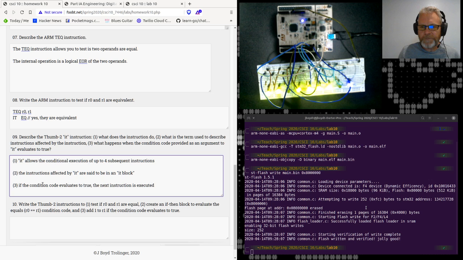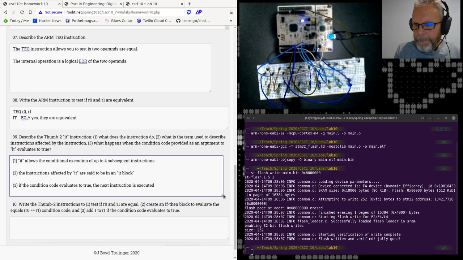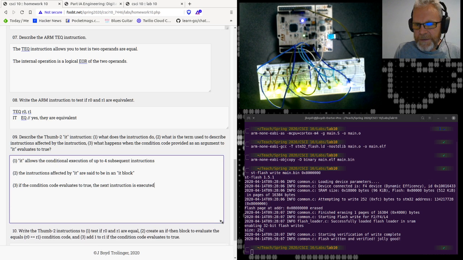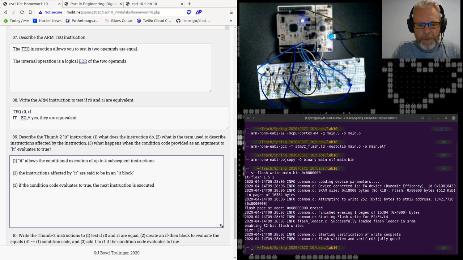We did a whole bunch of those today. So that's the answer. I'll also insert an example. So we did, for example, compare R6 and 127, and then we set up an IT block with a condition code equal. So what we're saying is I want to set up a block so that if that comparison resulted in an equal, I do something.